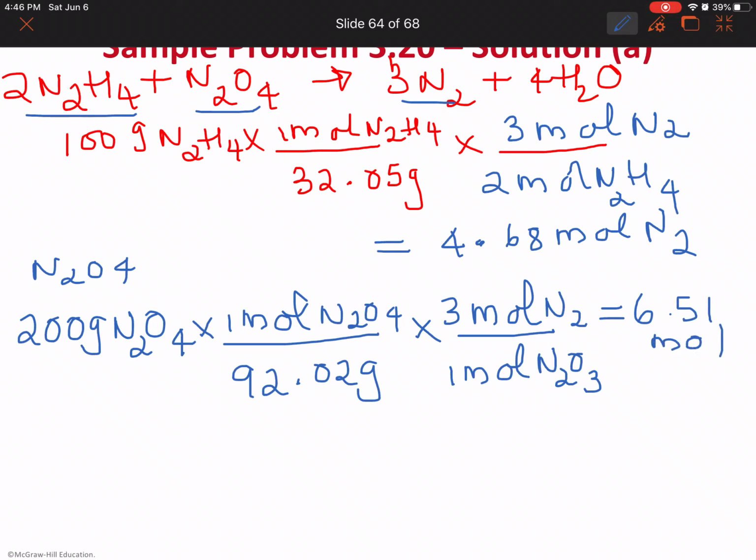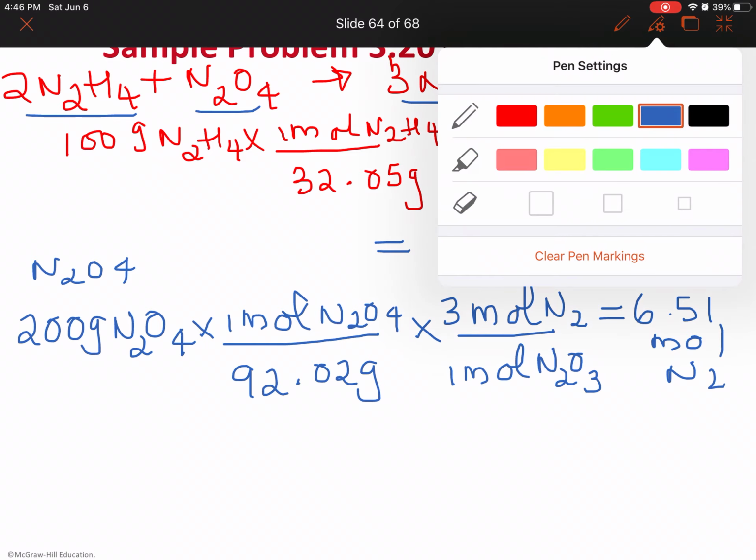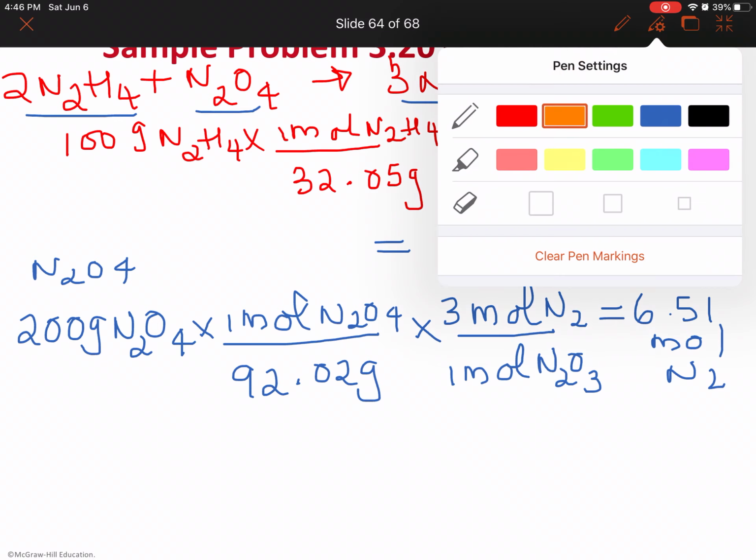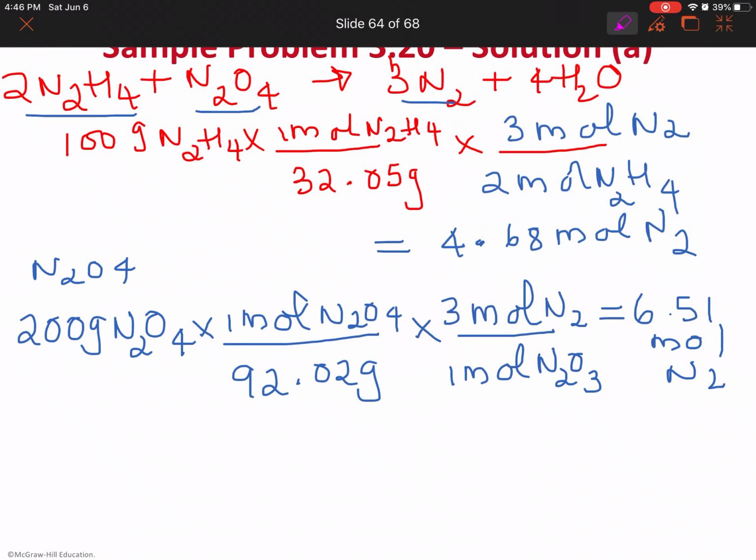Moles nitrogen. Now between these two, which one is going to be the limiting reactant? What do you think? We have 6.51 and also 4.68. Which one is the lowest? So 4.68 is the lowest amount.